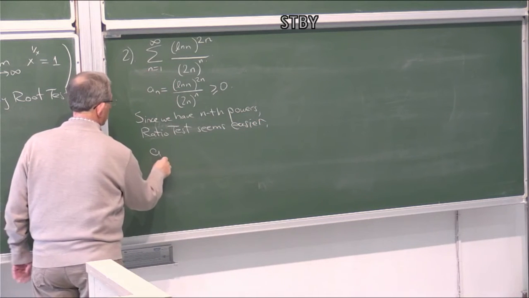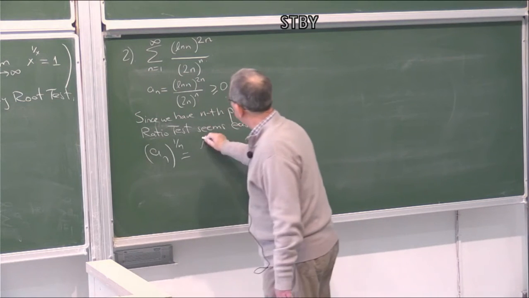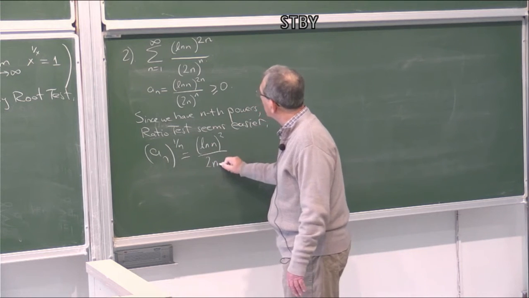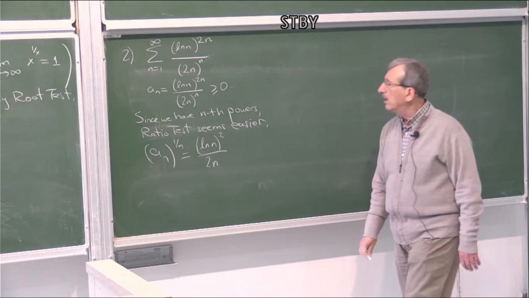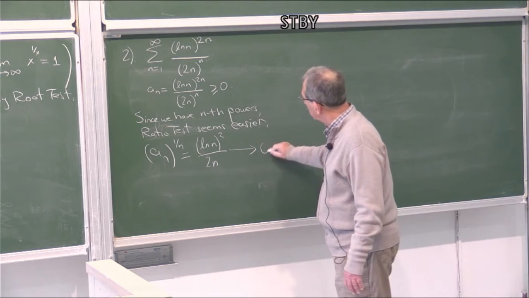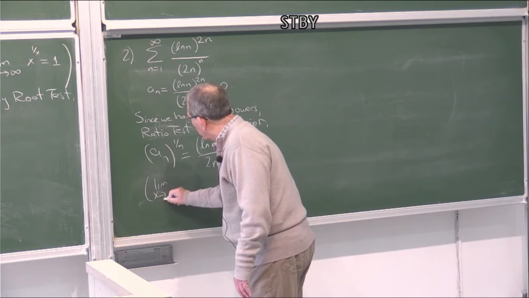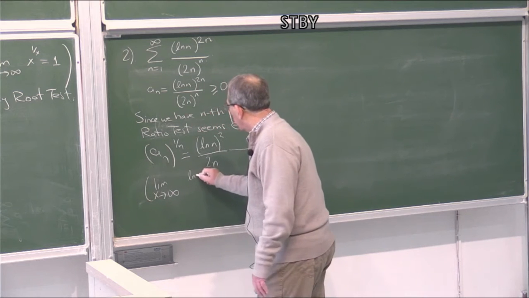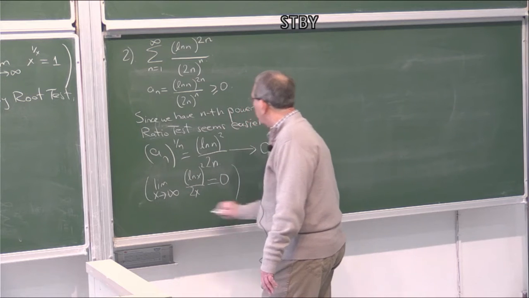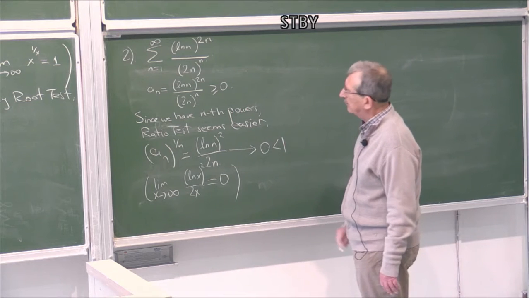So we apply it. The nth root would be logarithm n squared divided by 2n. Now, this limit obviously is 0. The reason is the limit as x goes to infinity of logarithm x squared over 2x is 0 using L'Hopital's rule. But then 0 is less than 1.